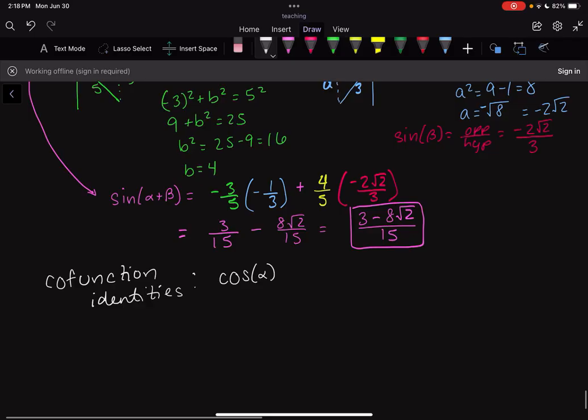Cosine of an angle is equal to sine of 90 degrees minus that angle. Sine of an angle is equal to cosine of 90 degrees minus that angle. And I'll give you an example, of course, of when this might be used.